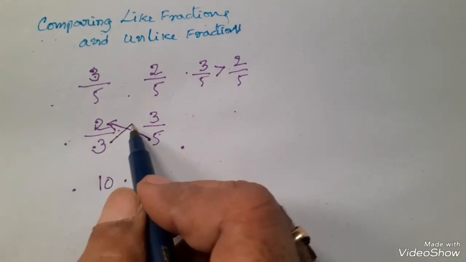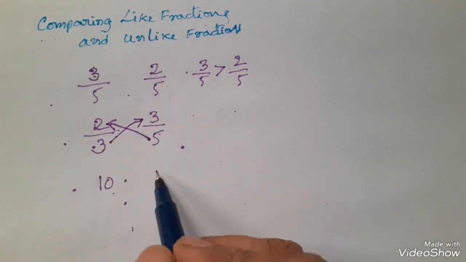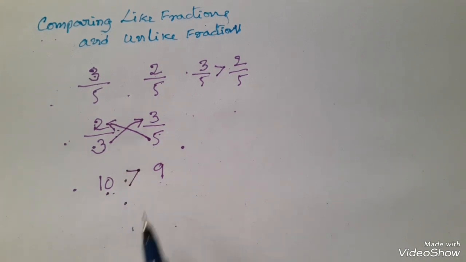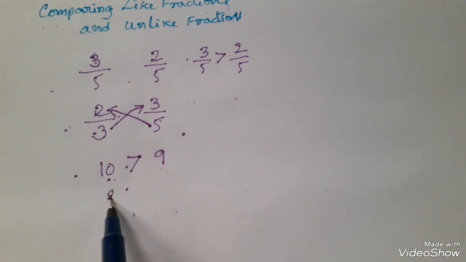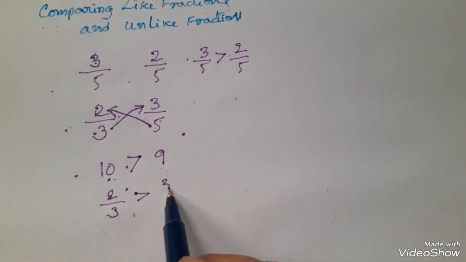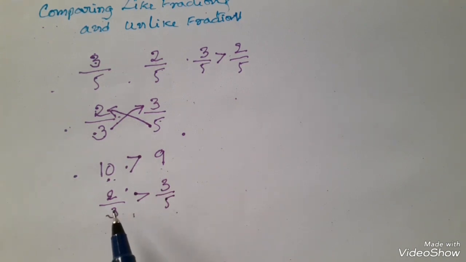With this 3 you multiply 3. 3 into 3, 9. Now you compare these two. 10, 9. 10 is greater than 9. So you can say 2 by 3 is greater than 3 by 5. So like this we can compare like fractions and unlike fractions.